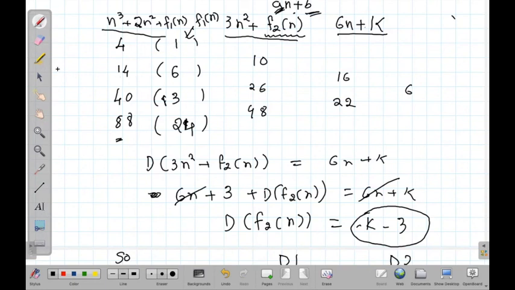Then minus 8, so we get minus 2. 13 minus 18 is minus 5.